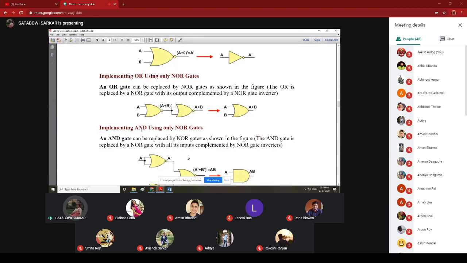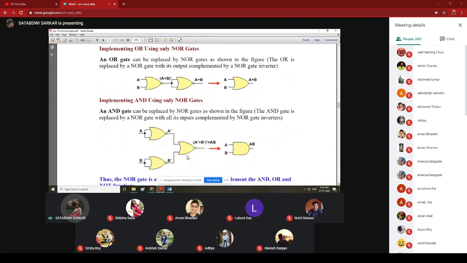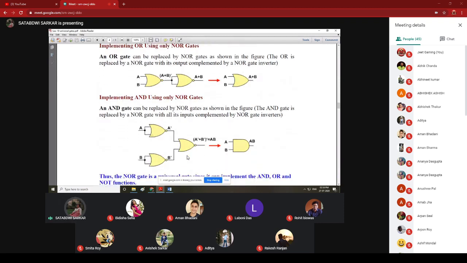And now we have to implement the AND gate using NOR gate. So we have to use three NOR gates here, that is number 1, number 2 and number 3. In the first one we are having the output as A complement, in the second one we are getting the output as B complement, and in the third one A complement plus B complement and whole complement.